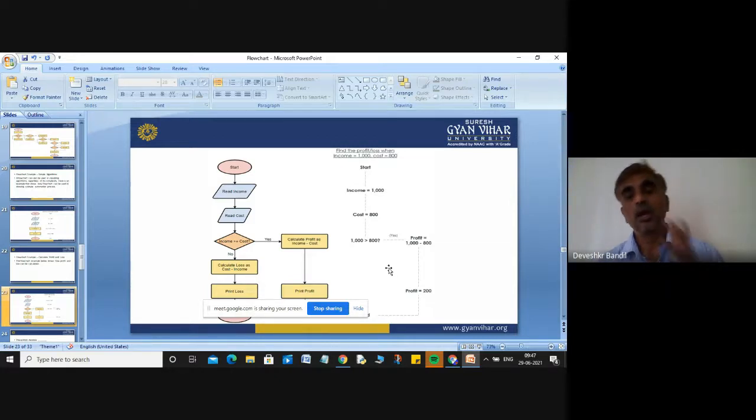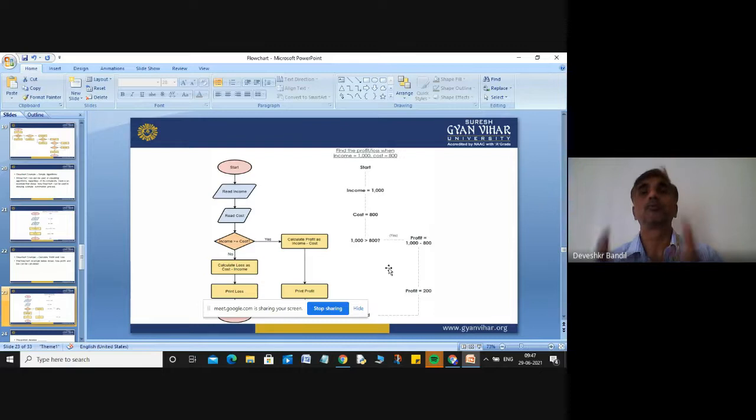listen carefully, if your income is not greater than your cost, obviously you will incur a loss. And how to calculate your loss? Your income will be subtracted from your cost. You know, when you perform this operation, income subtracted from cost, you will get the loss.